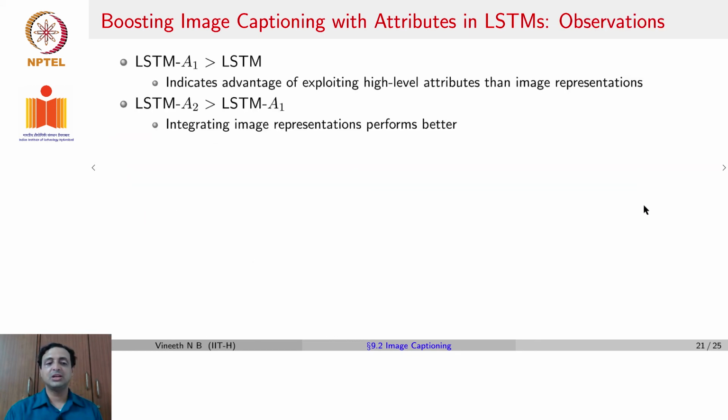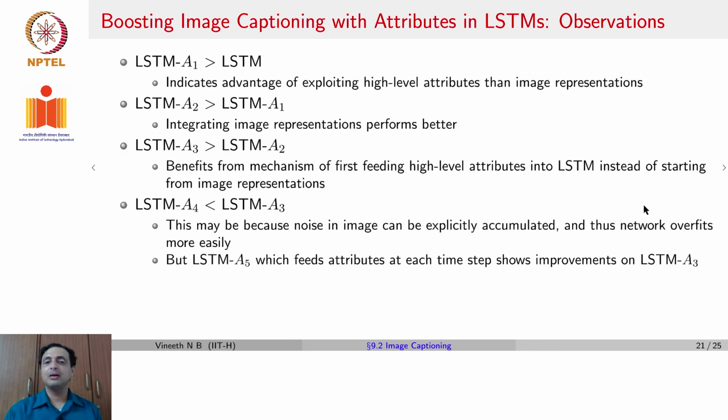Unfortunately, this did not perform as well, and a possible hypothesis for why is that any noise in the image could now be accumulated in each time step of the RNN, and hence the model could be suffering from some overfitting and not learning the relationship between the image and the text well.